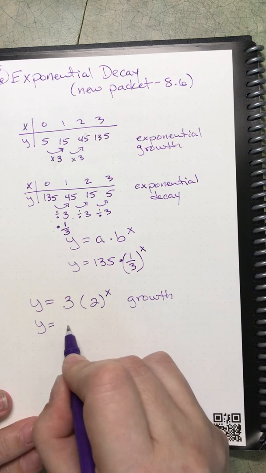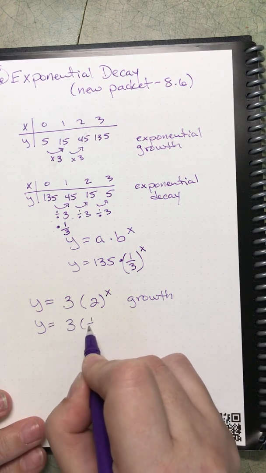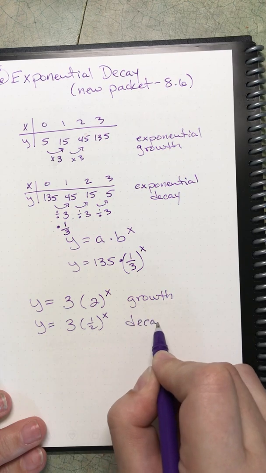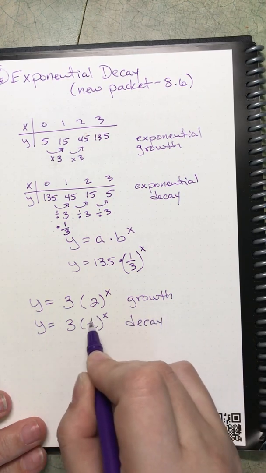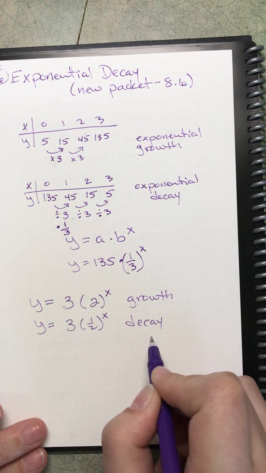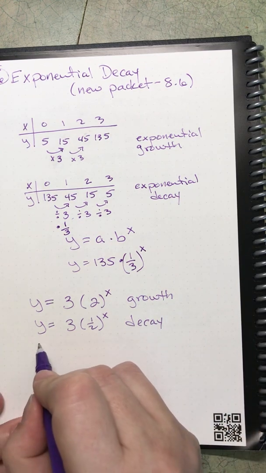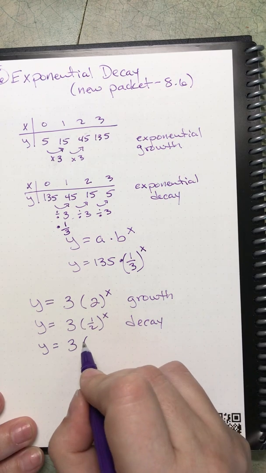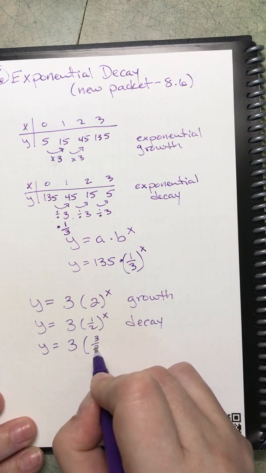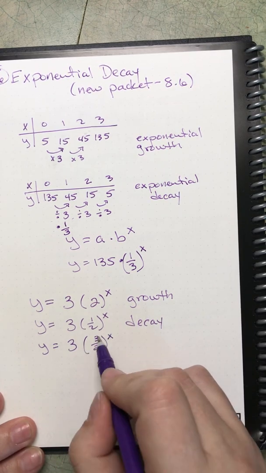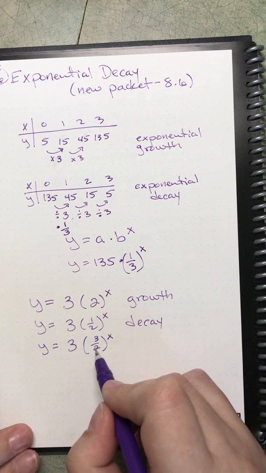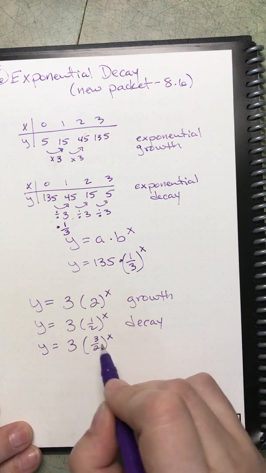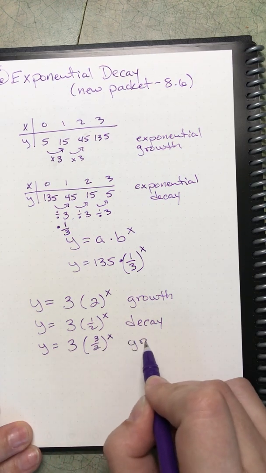If we have y equals 3 times 1/2 to the x, that is decay, because we're multiplying by half each time, so it's going to get smaller and smaller. If we have y equals 3 times 3/2 to the x, even though this is written as a fraction, this is more than 1. And so it's still going to get bigger and bigger. This is growth.